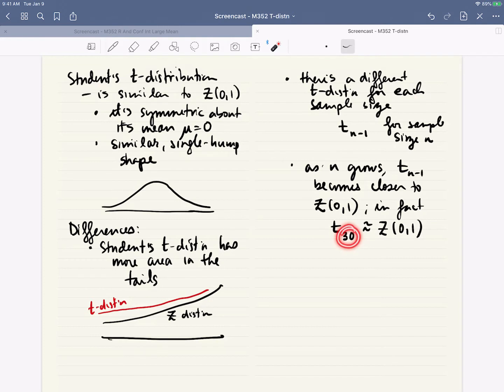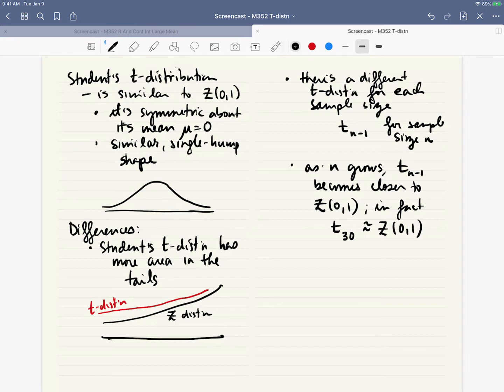So when you've got a sample size of 31 or larger, that's when we can invoke the central limit theorem, and that's when we start using the normal distribution. But when our sample size is 30 or smaller, then we use these t-distributions.